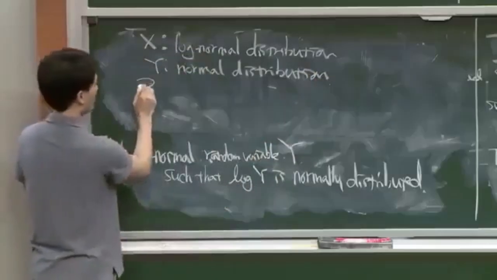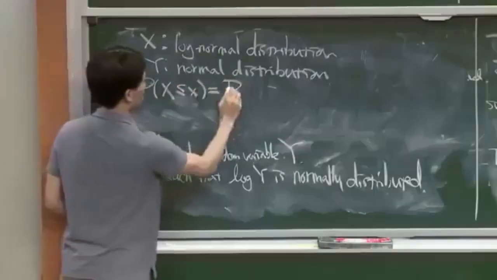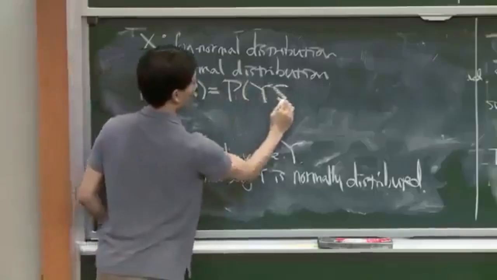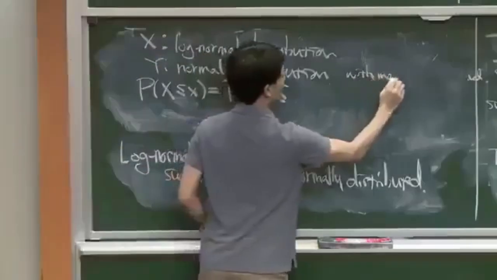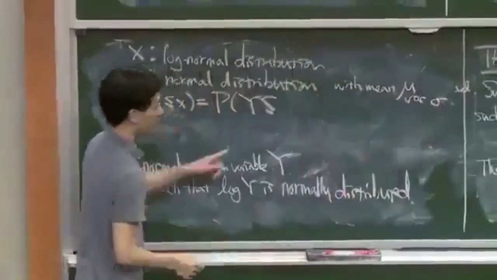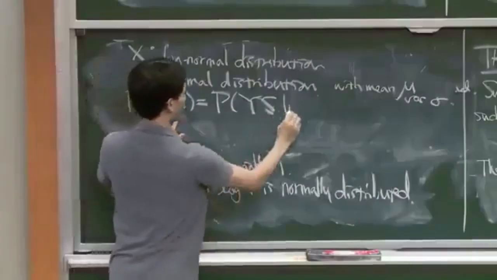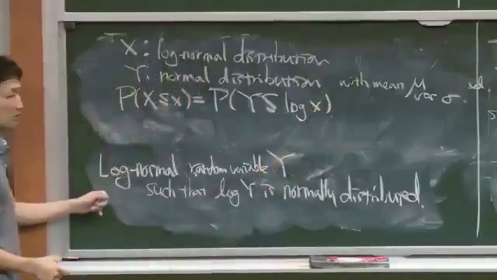Then the probability that x is at most x equals the probability that y is at most log x. That's the definition of the log normal distribution.